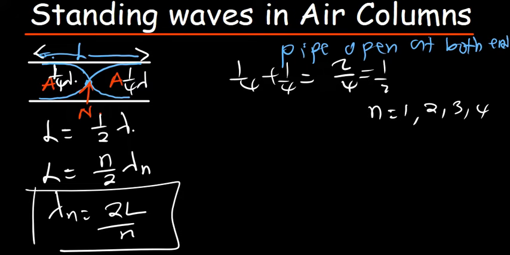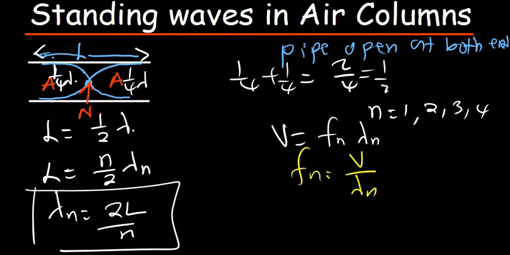Okay? Now, what we have to understand is this. The fundamental frequency will be the same thing. So remember we said V is equal to F lambda. Now in this case I don't know which F I'm talking about, so I'll say Fn and lambda n. Let's make Fn the subject of the formula. Fn will be equal to V divided by lambda n.